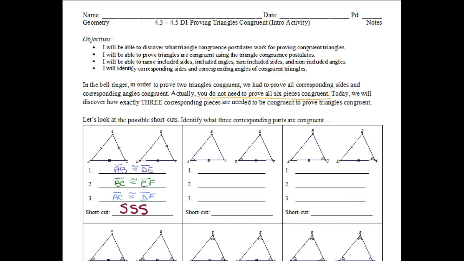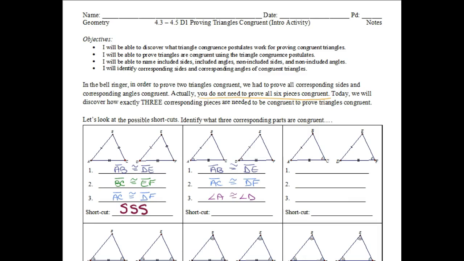Let's take a look at the middle top box. Again, I want you to write down the 3 sets of corresponding shapes. So for this picture, we had 2 sides that were congruent and 1 angle.